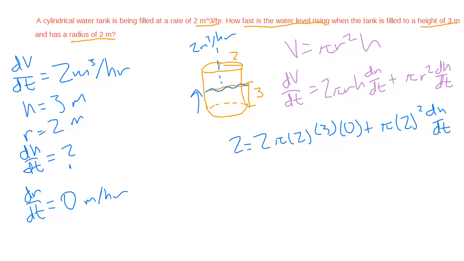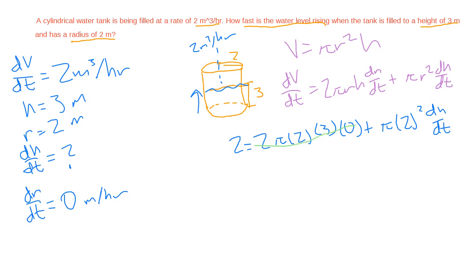So now it just becomes a simple problem of solving for dh over dt. Since we have a 0 multiplied times everything in this first section, we can just go ahead and cross it out.